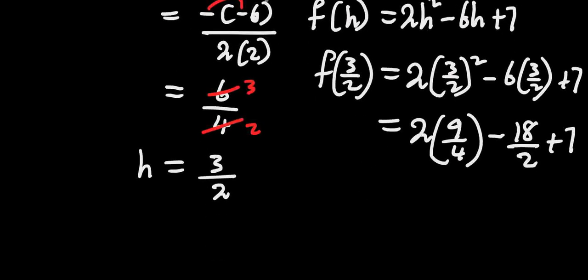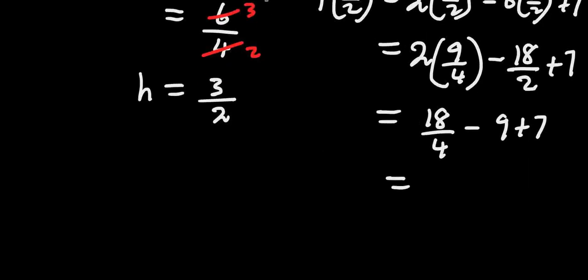And if we multiply 2 by 9, this will become 18 over 4 minus 18 divided by 2 is 9 plus 7. So if we simplify 18 over 4, that's going to give us 9 over 2. And negative 9 plus 7 will give us negative 2. So this will give us 9 over 2 minus 4 over 2.